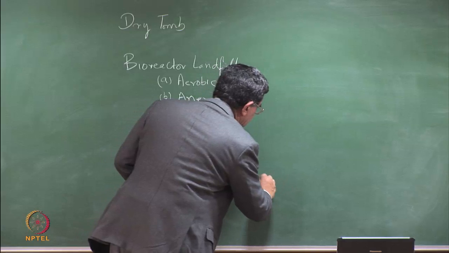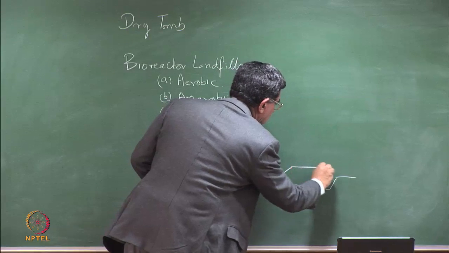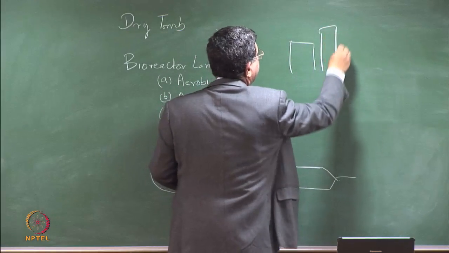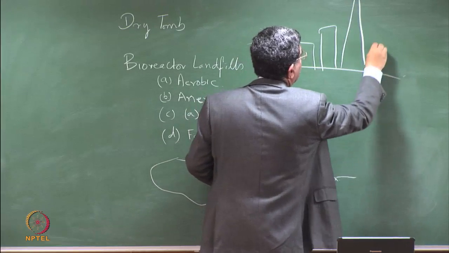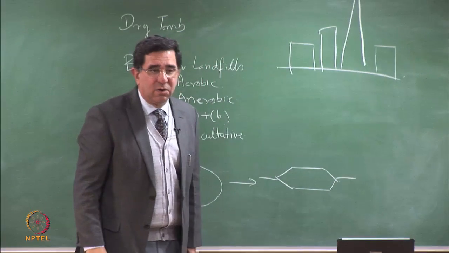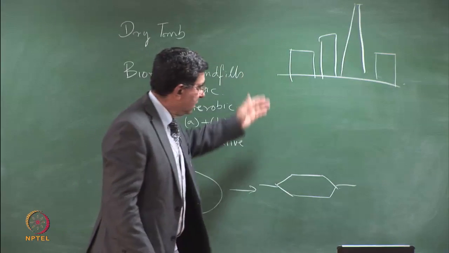Which, let us say, looks something like that. And this is a factory or a closed industrial area, a closed industrial building where the waste comes in for other purposes, like biomethanization.